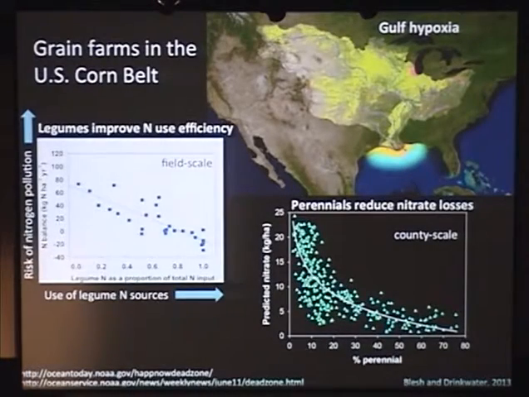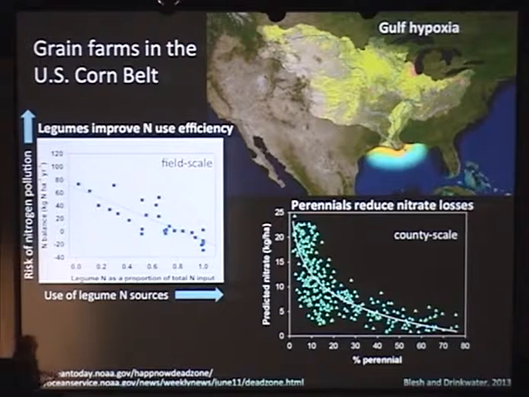So for example, in earlier work that we conducted just west of here in the Corn Belt, we constructed mass balances for nitrogen on farms, and at the field scale, we found that increasing use of legume nitrogen sources in fields correlated with a lower risk of nitrogen pollution from farms. This was on working farms.